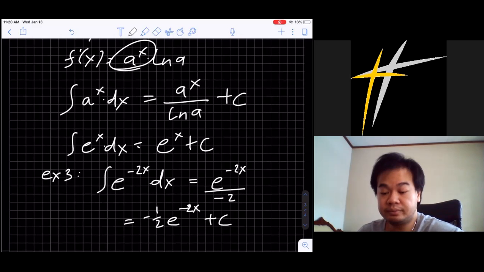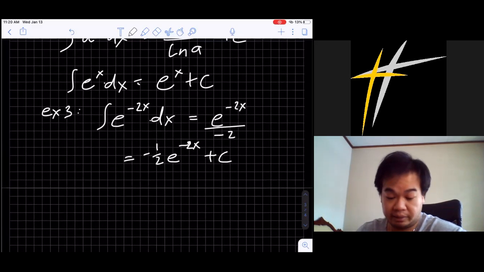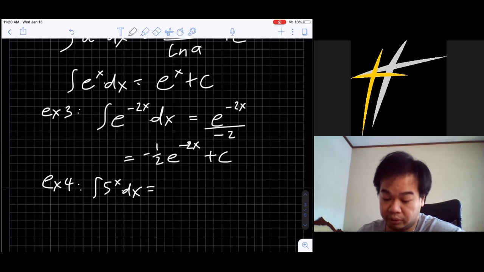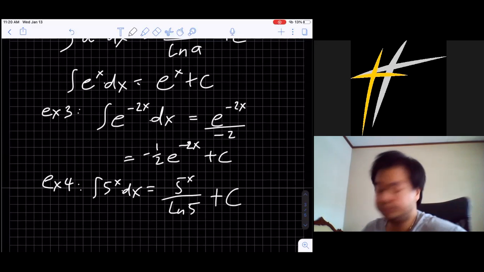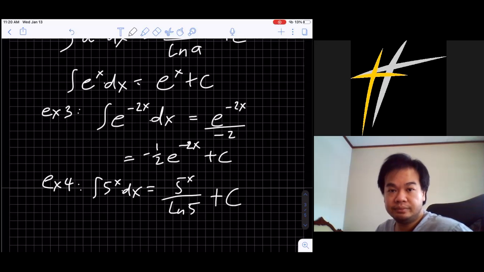Okay. And then the next example, example 4: when you have the integral of 5 power of x dx, just following the formula, it will be 5 power of x divided by ln 5 plus c.